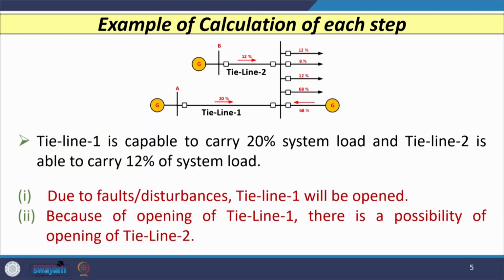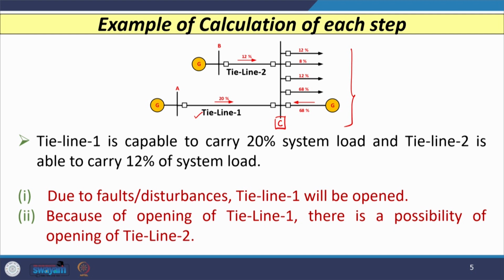Now to understand the calculation of each step, let us consider one example. Here you can see a single line diagram of a portion of a power system network which is fed by 3 generators. We have a tie line 1 connected at bus A, and let us say this is bus C, and this tie line 1 is capable of taking care of 20% overload.